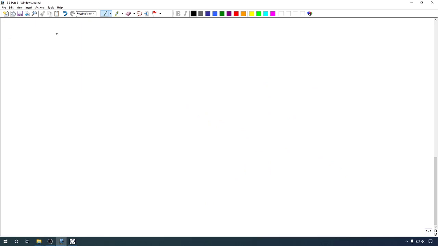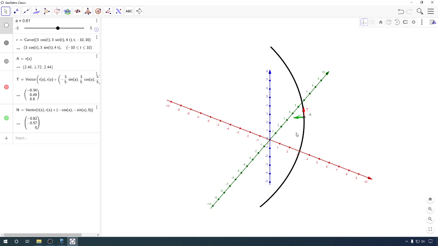We're going to take the tangent vector T, the normal vector N, and we're going to take their cross product. Because what we're really doing here is we see that in our picture we have two orthogonal unit vectors, and we're working in three-dimensional space.